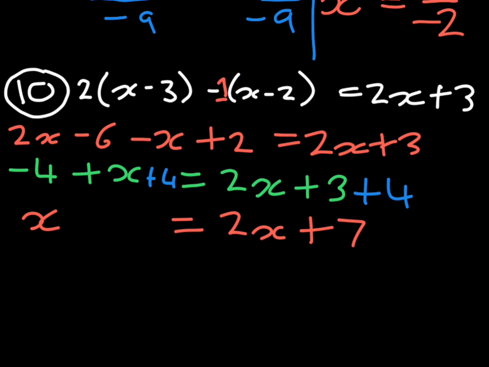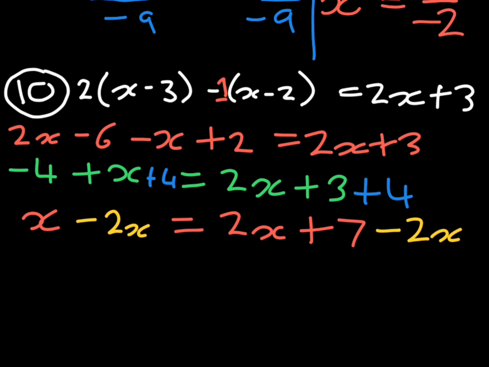Now, we need to move our variable terms over to the left-hand side. So because we've got essentially a positive 2x over here, we need to minus 2x from the right-hand side. And we do the same thing to the left-hand side. We also minus 2x there. Alright, now let's have a look at the left-hand side. x minus 2x.